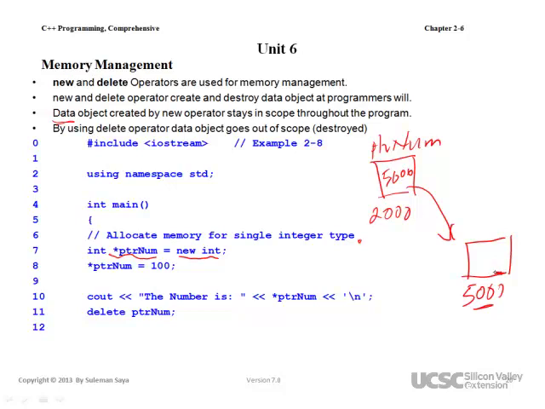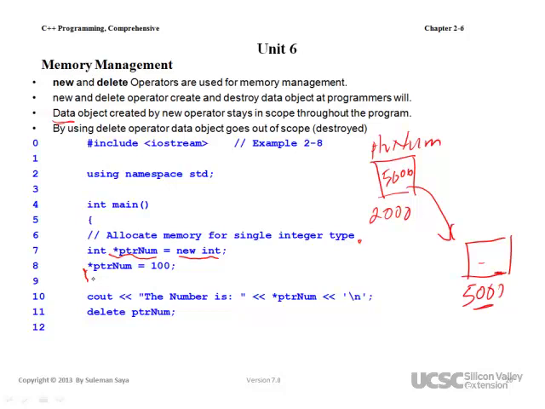But this integer memory does not have anything. It could have some junk in there in the data side. So at line number 8, what we are doing is we are dereferencing.